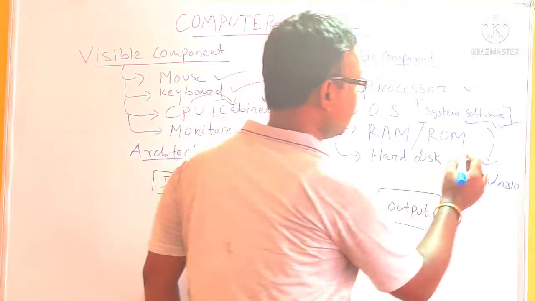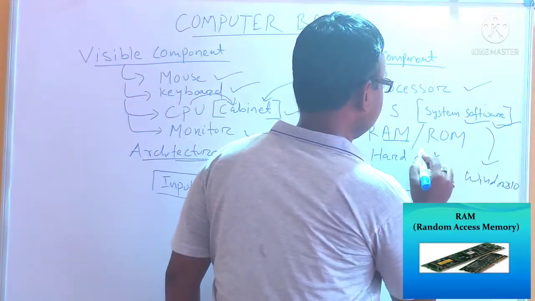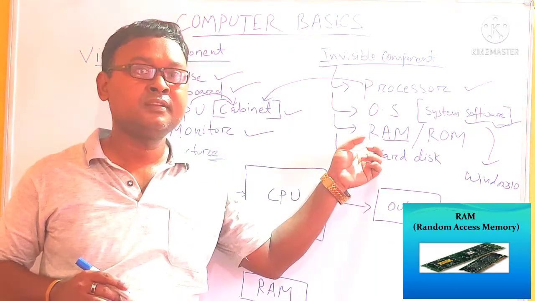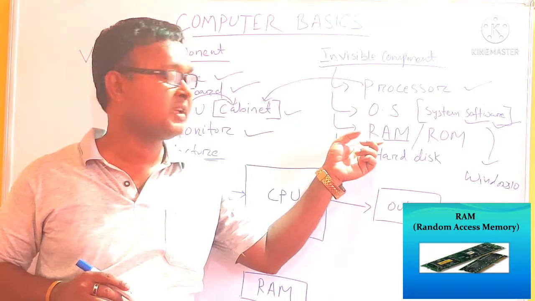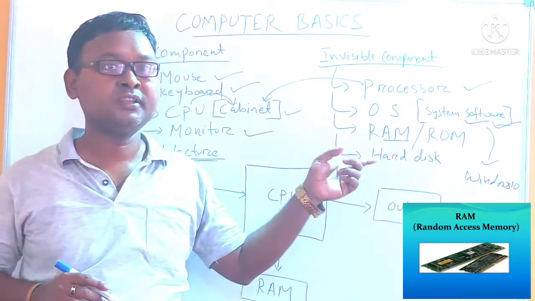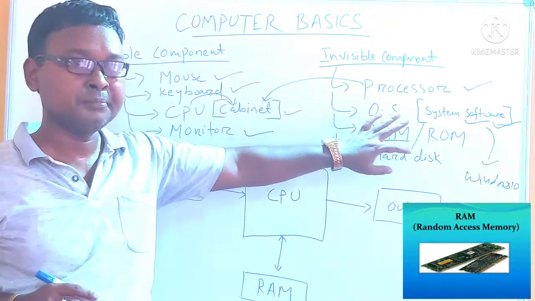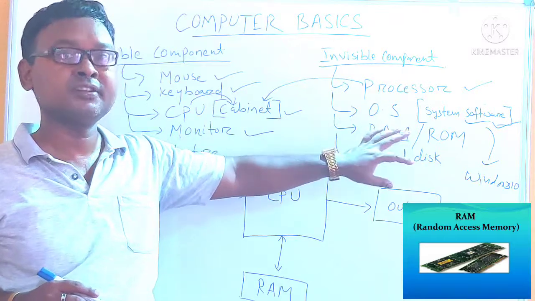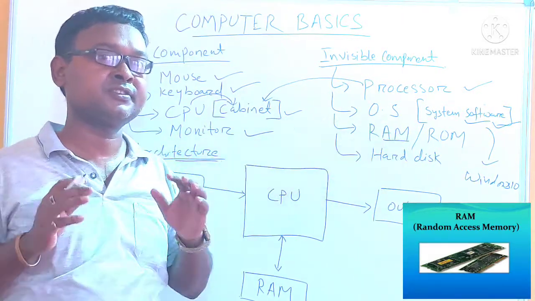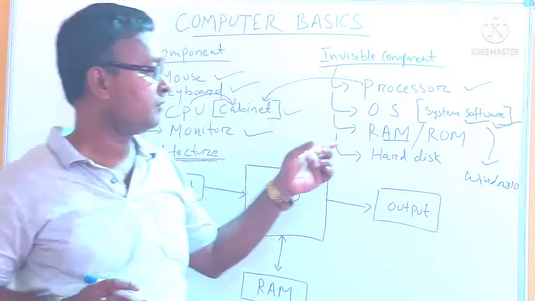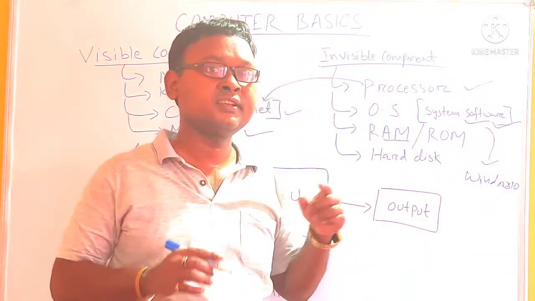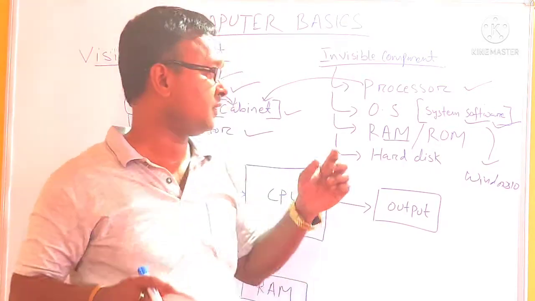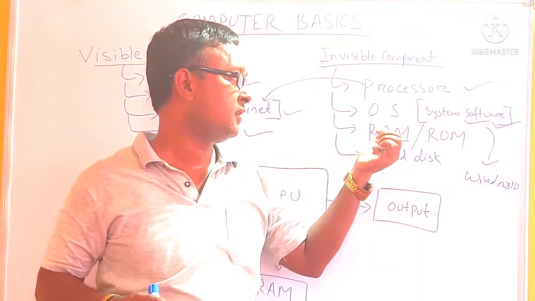Next, very important, is RAM. So what is RAM? RAM is random access memory. It is the primary memory of your computer system, which is very important. Without RAM, your computer system won't work. It is a visible thing that comes as hardware.